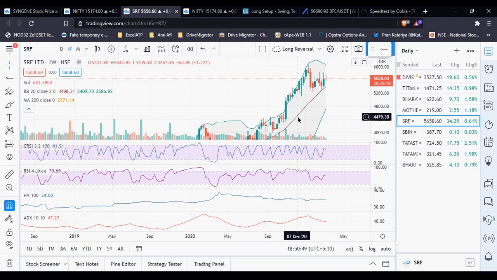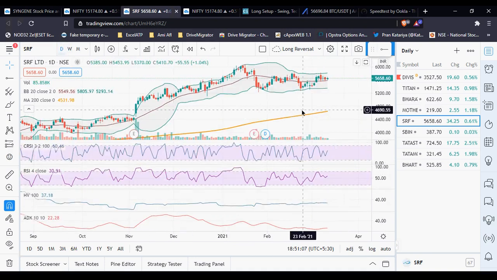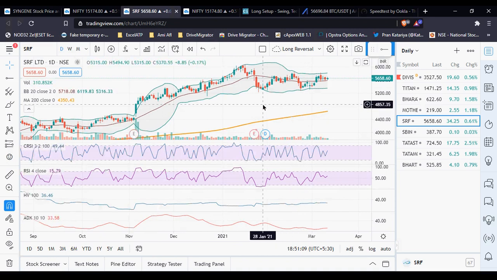It's above the Bollinger Band, right? That was 27th of Jan. Right, it's trading above the middle Bollinger Band. My only worry is historical volatility, because it's just below 40, at 36. So I can still take a risk, because you don't get many setups in a month. Maybe 2, 3 or 4 setups you might get in a month.